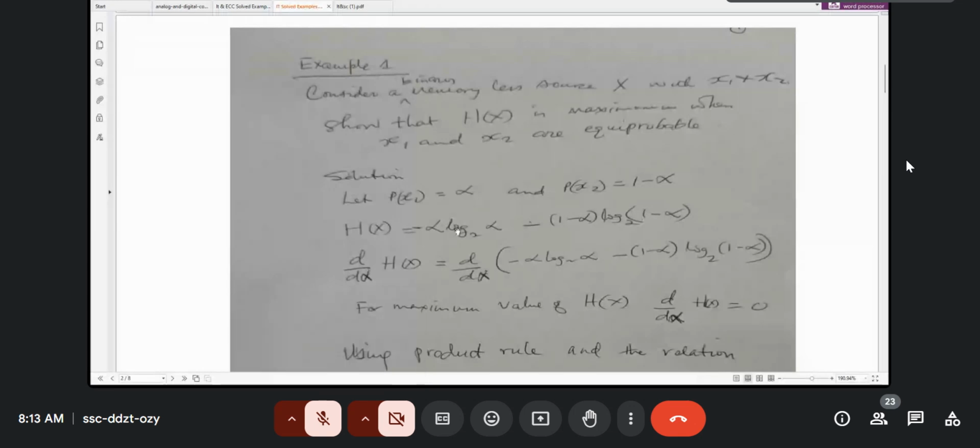I think we are quite familiar with this. The negative simply comes from the log of 1 over alpha, so that becomes minus alpha log alpha. The same applies to the other term. I hope this is clear, because we are simply adding the two. This is just a summation.